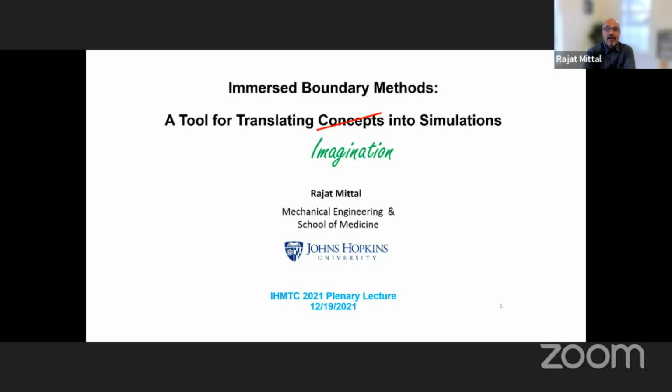The idea of this talk is to show you what an incredible tool immersed boundary methods has been for us and what it can be for anybody who is getting into the field of computational fluid mechanics and heat transfer. So that's basically going to be the whole emphasis of the talk.